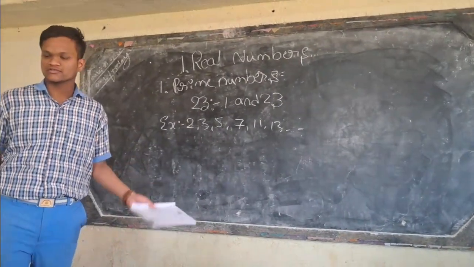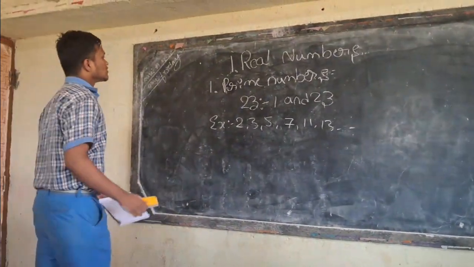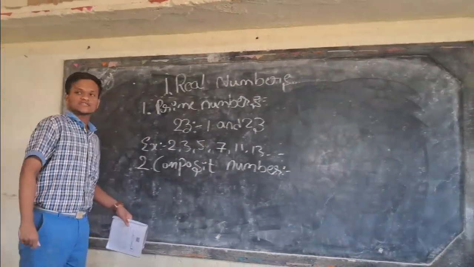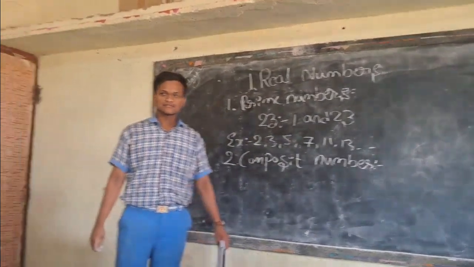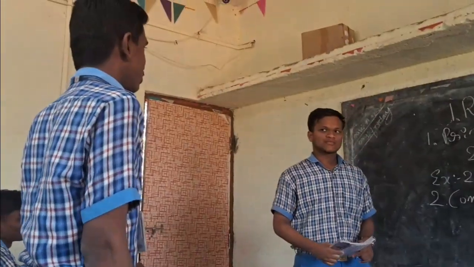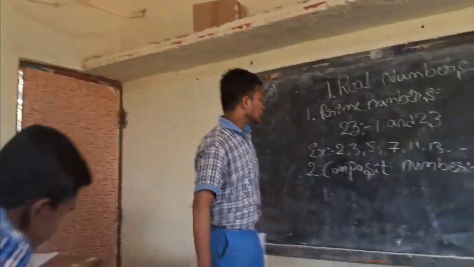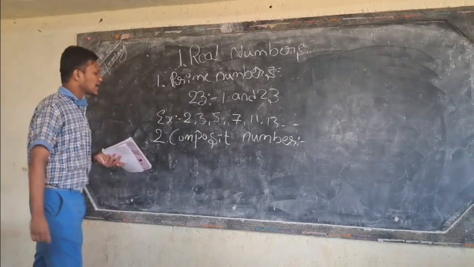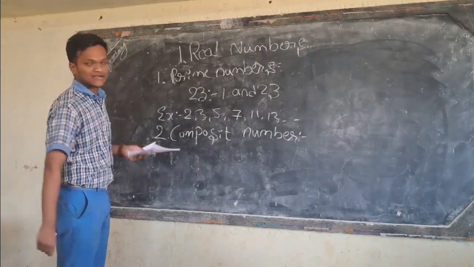And next point, composite numbers. What is meant by composite numbers? The number which has two or more multiples is called composite. Good. Composite numbers are numbers which have more than 2 factors.